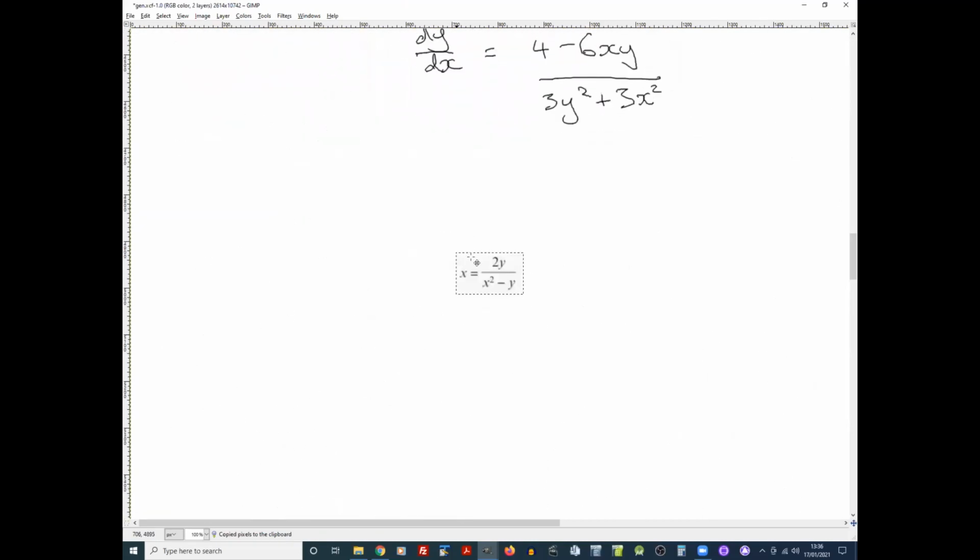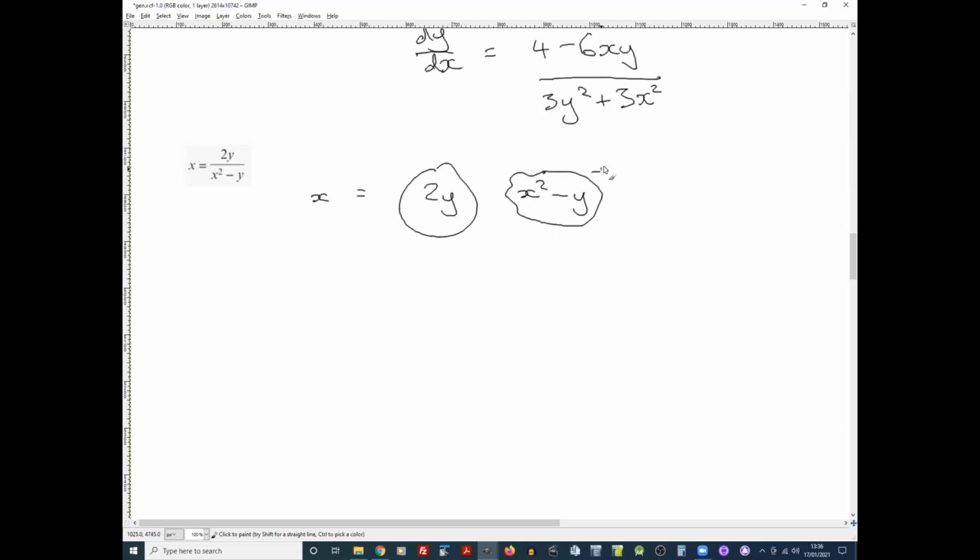Surely this will work. So you could rewrite that as x equals 2y times x squared minus y to the minus 1. Good idea. So x equals 2y times x squared minus y to the power of minus 1.